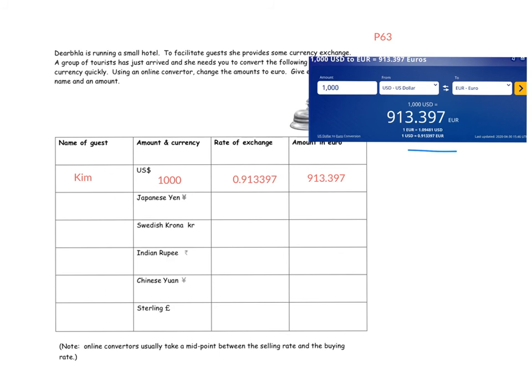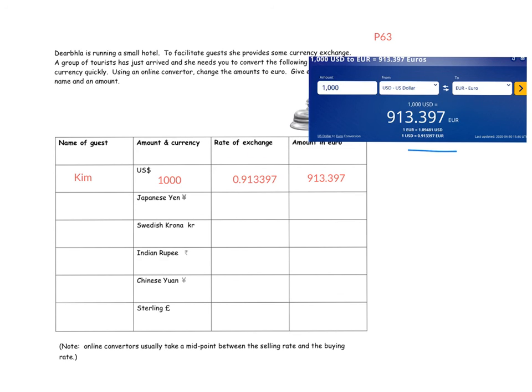You put the name. It might be Kim, Deborah, Raphael, whatever. You put different names in here and then you have different currencies and you put the number in here. You decide how much money they want to exchange. It might be 10, it might be 20,000, 5,000 in yen and krona and rupee and so on.